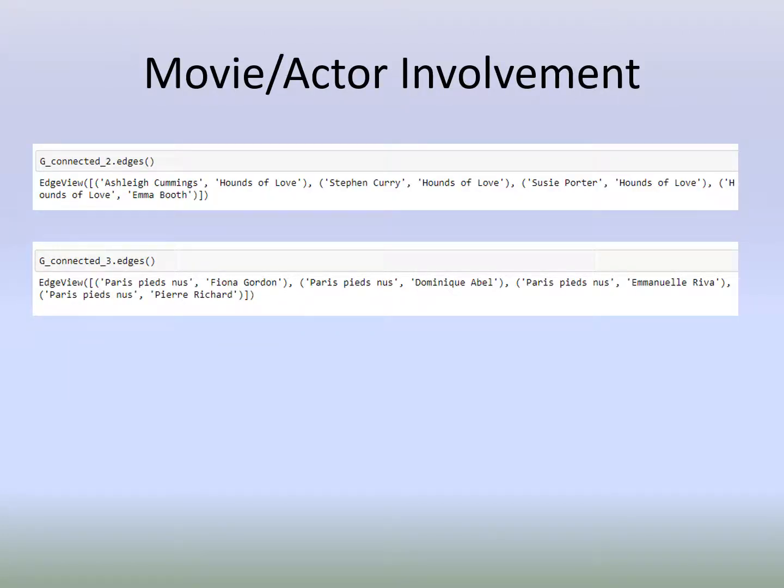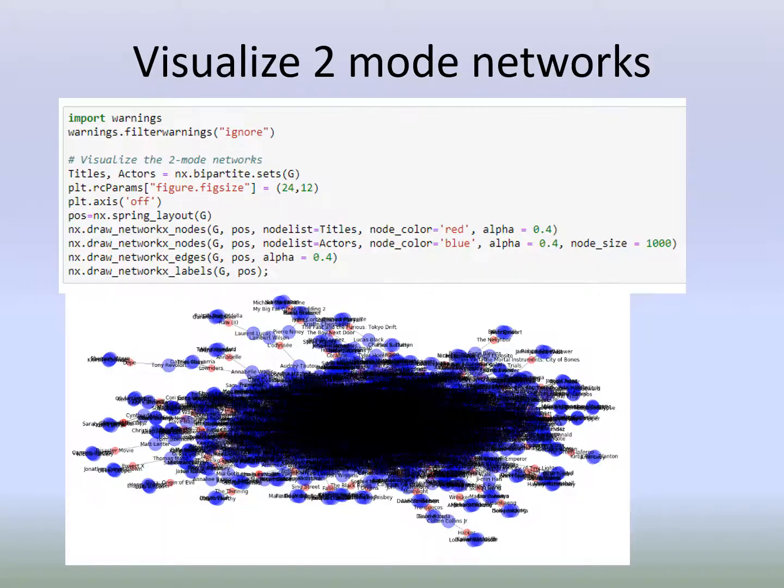This slide shows the involvement of a movie and the actors in the network. We can see this one has 2 edges connected, and this one has 3 edges connected. And this is the further data visualization of the actors and titles of the network. The graph is quite busy.